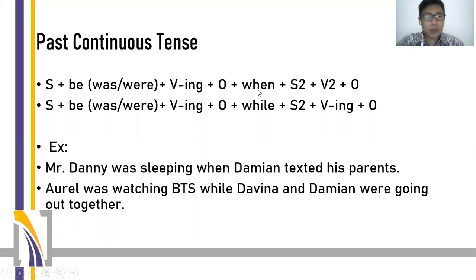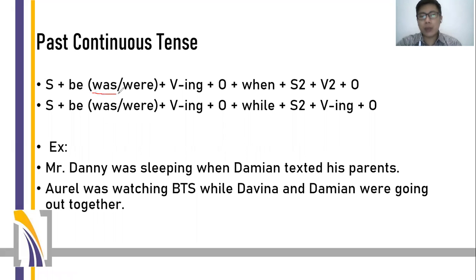Let's move on to the past continuous tense. Now, in the past continuous tense, you probably know it's still the same. The main formula is still the same: subject with be, with verb ing, and then you add object and everything else.